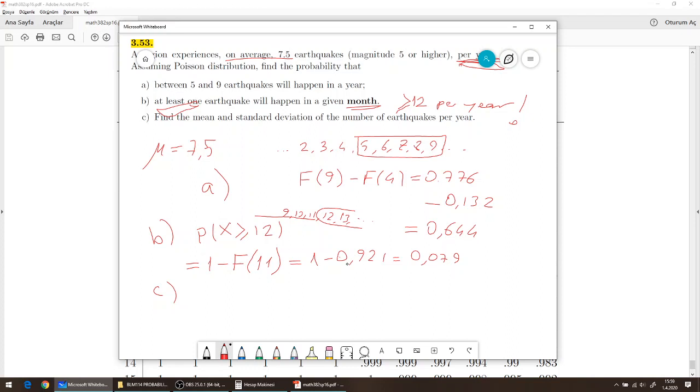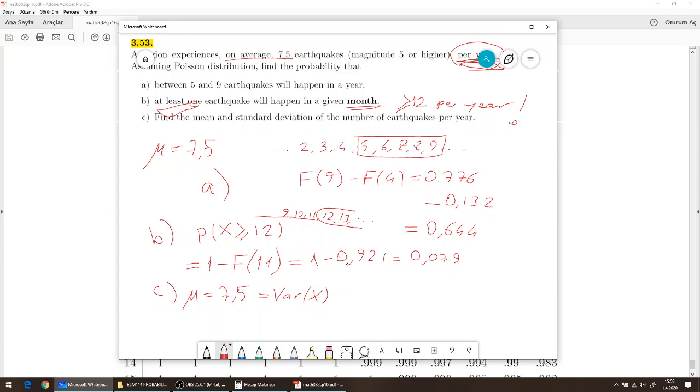And part C for the next same question. Find the mean and standard deviation of the number of earthquakes per year. In the beginning of the question, in fact, this is given. We have on average 7.5 earthquakes per year. So we already know that our mean is 7.5. But also, this is equal to variance. This is from the definition of Poisson distribution.